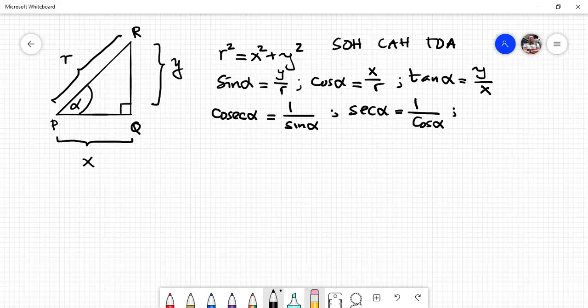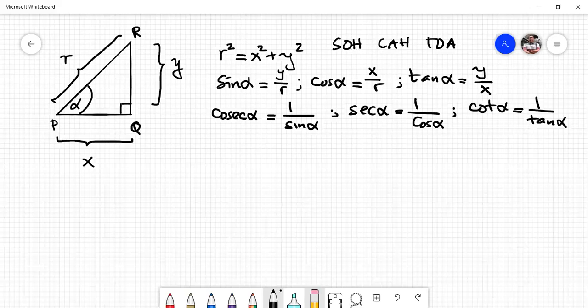And the last one but not the least is cotangent alpha, which is 1 over tangent alpha. So cosecant, secant, and cotangent are the reciprocals of sine, cosine, and tangent respectively. So you can find the value of cosecant alpha by using this formulation.